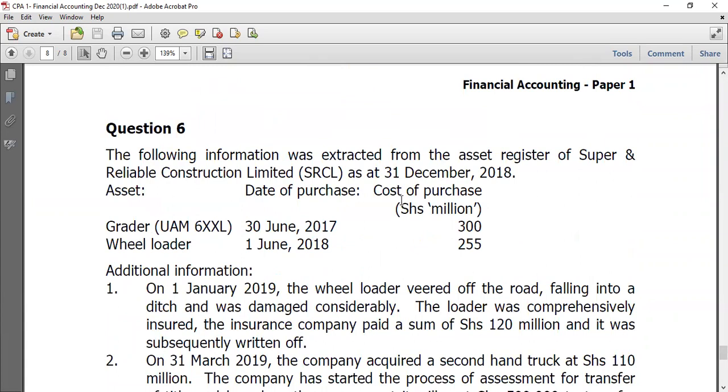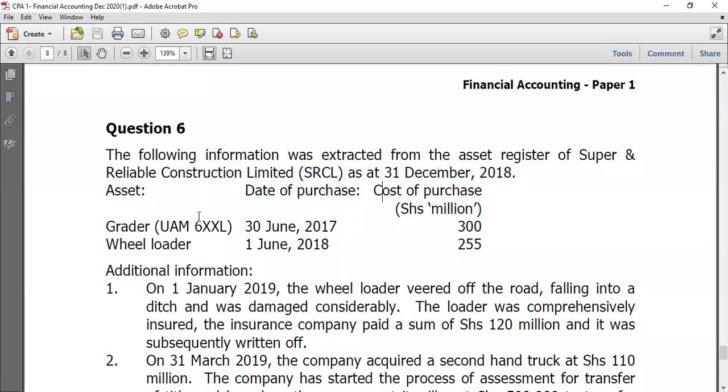So question 6 says the following information was extracted from the asset register of Super and Reliable Construction Limited, SRCL, as at 31st December 2018. We have an asset, a date of purchase, then the cost of purchase.